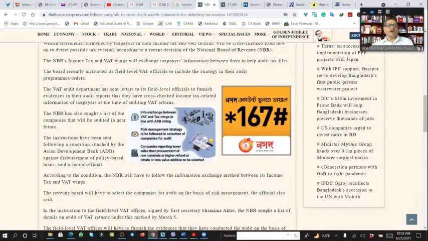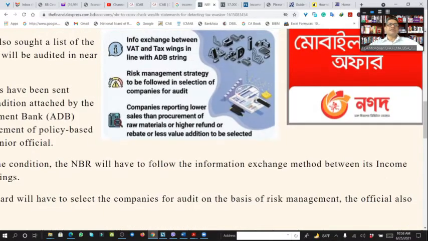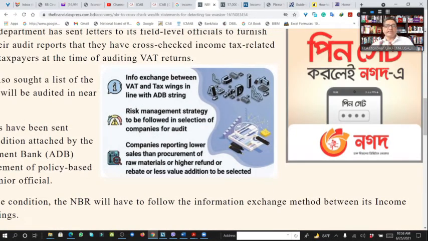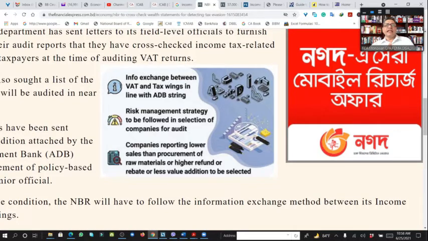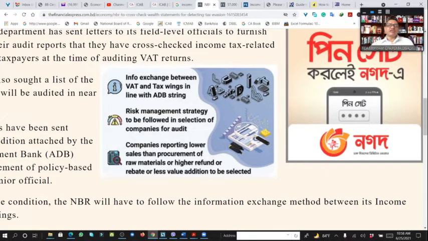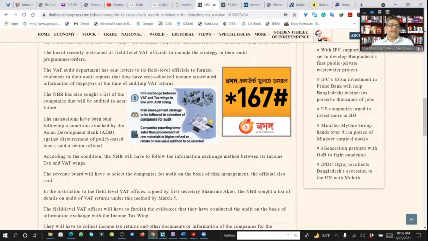This is also news, saying there is information exchange between VAT and tax wings in line with the risk management strategy, and compared to the company's differences. It is also an ADB project.